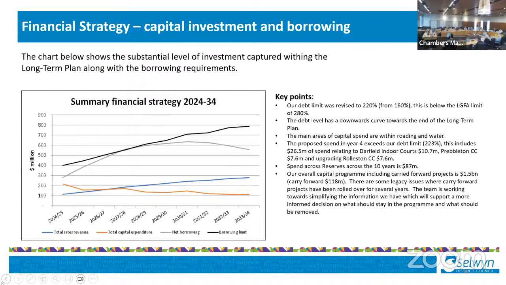Sam covered off around every 3 years elections, new councillors adding on.